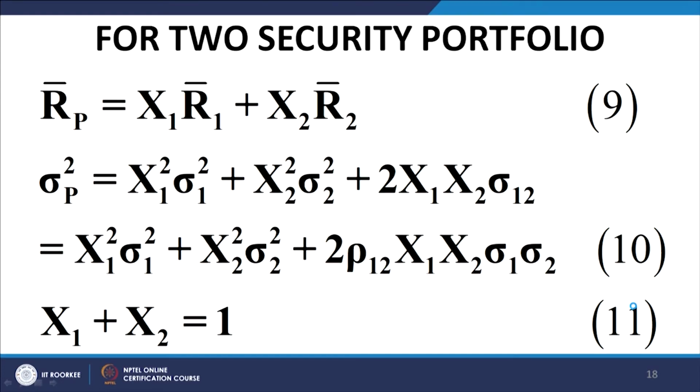In other words, let us say you are given Rp and sigma square p, and the other equation is also there, which requires that the sum of the weights must be equal to 1. Then you need to determine x1 and x2, and that can be done by solving these equations.